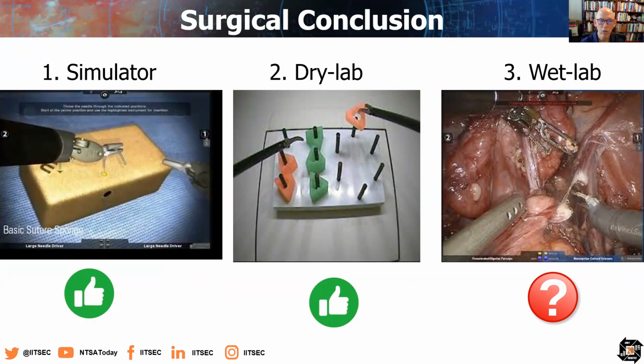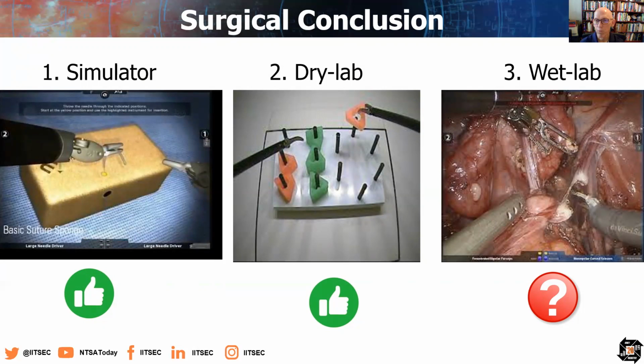Having a machine learning algorithm that can watch simulators and give a score on a simulator video isn't really that useful because you already have the simulator internal software giving you a useful score. But in the dry lab exercise, that's where you always have to call on an expert to give you a score of performance. And if you could get a neural network to do that for you, then you could eliminate a lot of human labor that's tedious and generally not accessible when you want it.